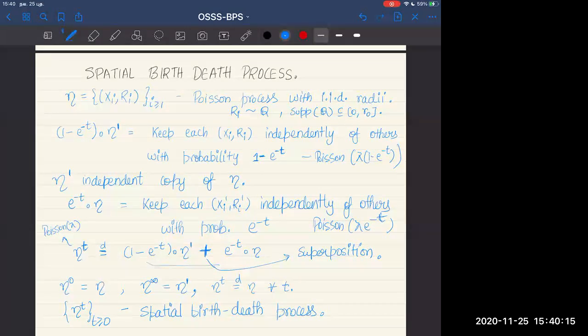Okay, now the time thing is correct. If I put t equal to 0, this vanishes, so it is eta. If I put t equal to infinity, this vanishes, it's eta prime. Sorry, I just did the e to the minus t and 1 minus e to the minus t wrong.